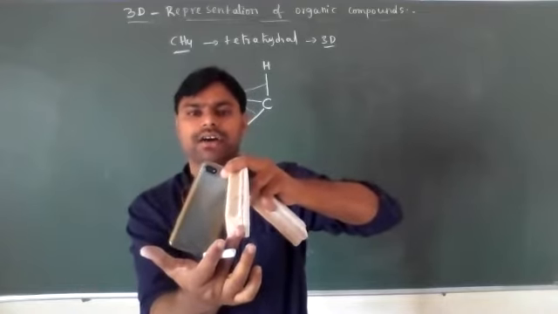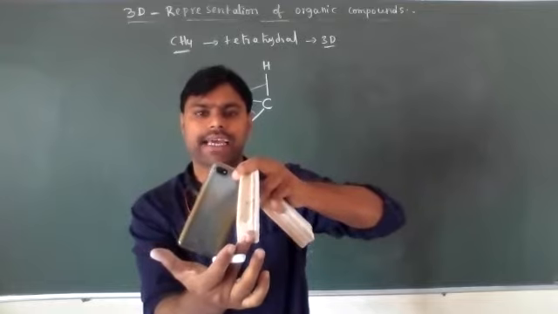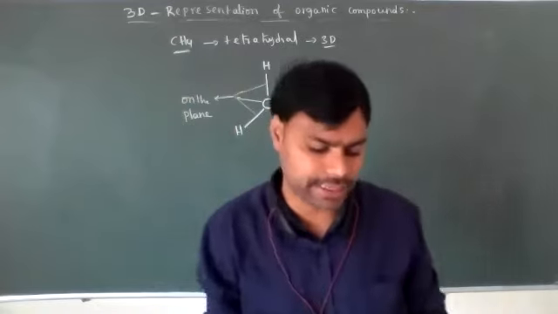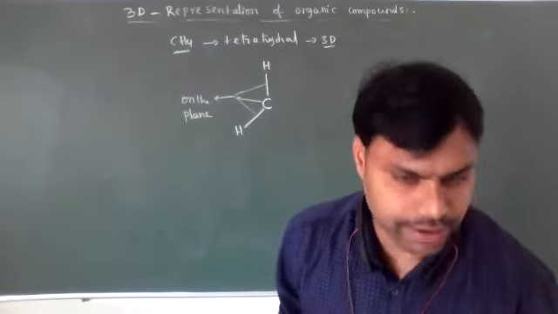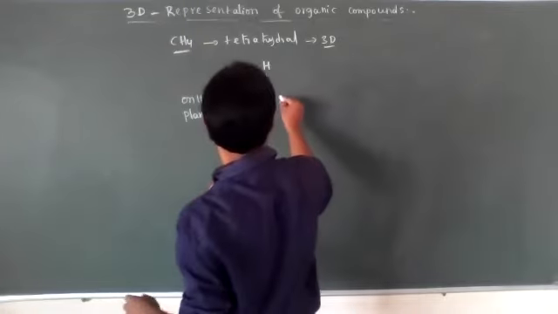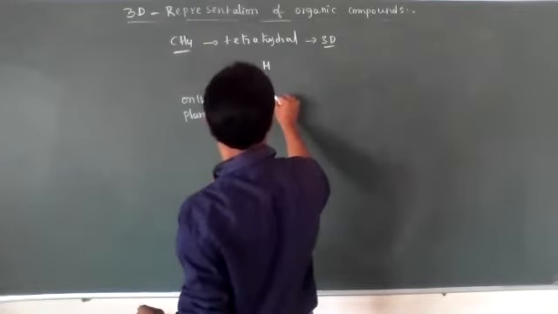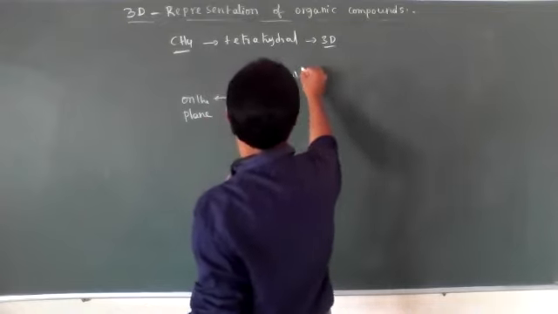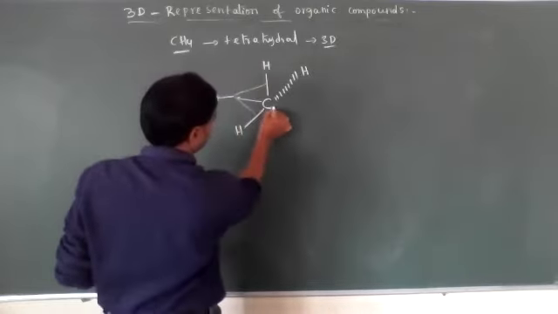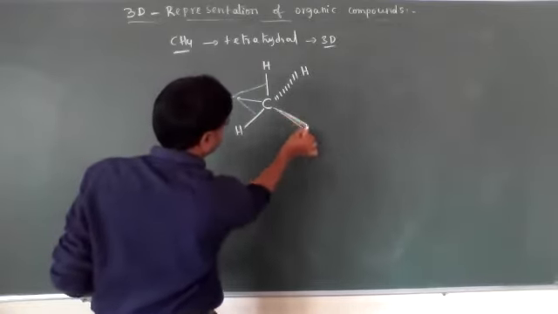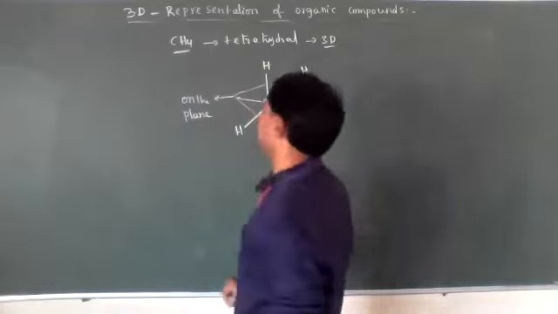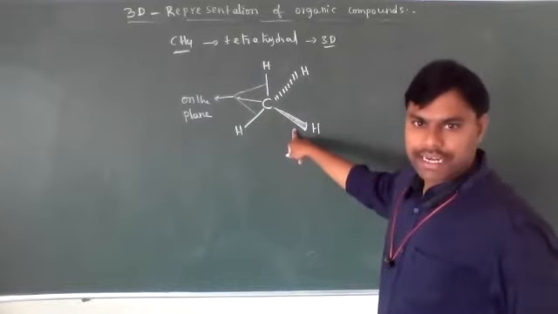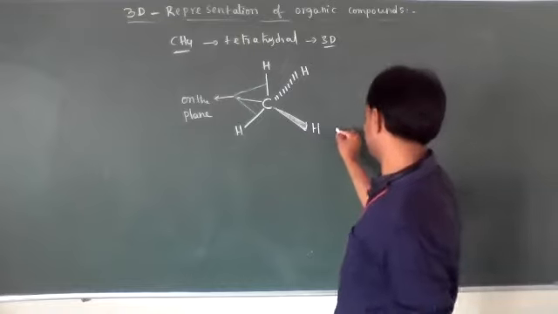The front side groups or atoms are represented by a thick line, which means it is nearer to the observer. Away from the observer is the back side, which is represented by dotted lines. Like this hydrogen atom is a thick line, meaning nearer to the observer.